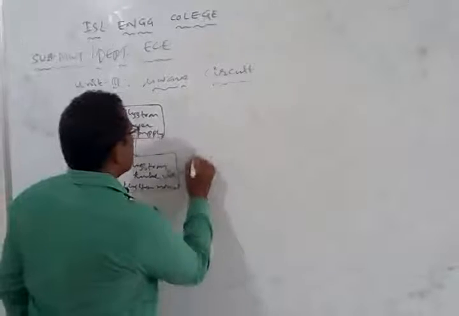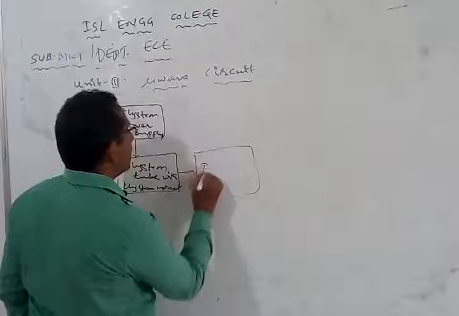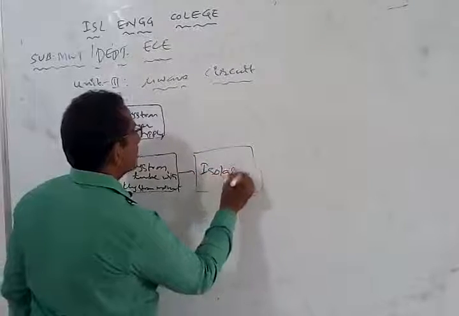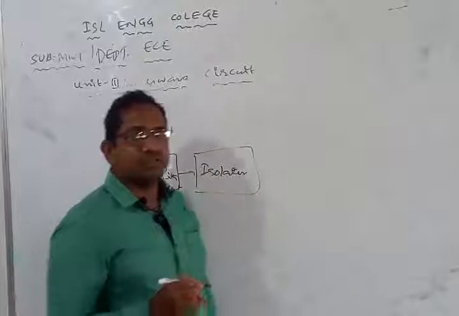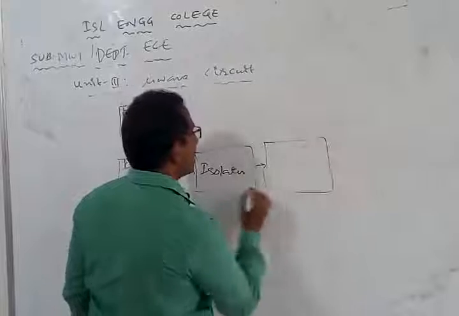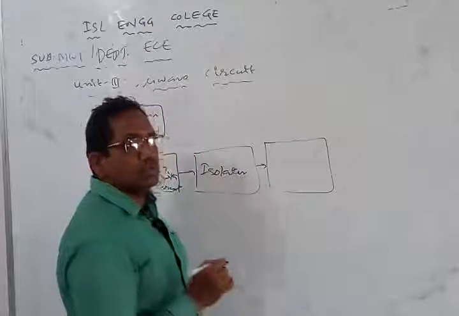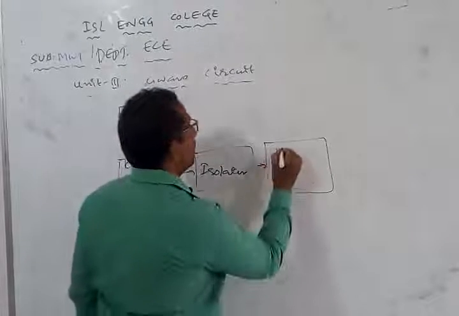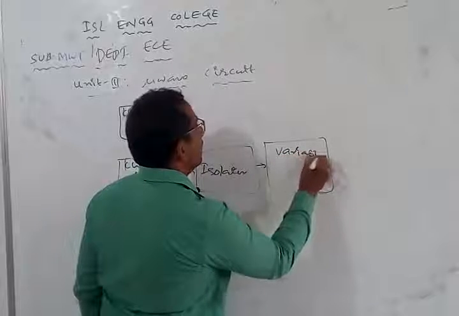Then after this, you are going to have another component called an isolator. We'll discuss them one by one. After the isolator, you have another important component, the variable attenuator.